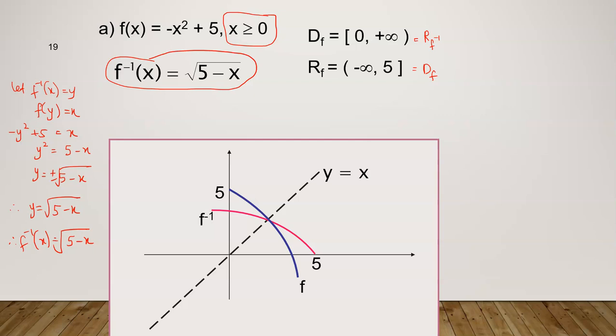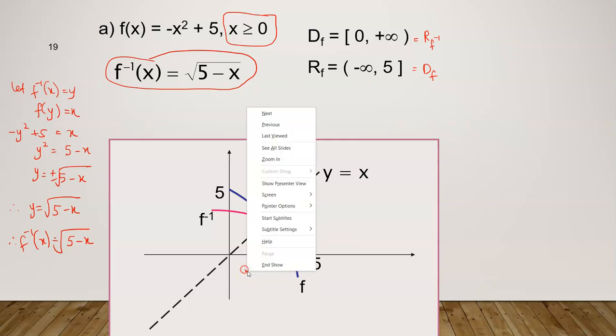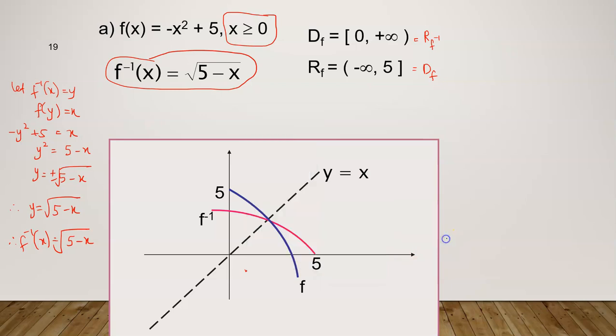So if we refer to the blue graph, can I change my pen color? Pointer option, in color, okay, let's say I'm choosing blue. So this blue is my function f.